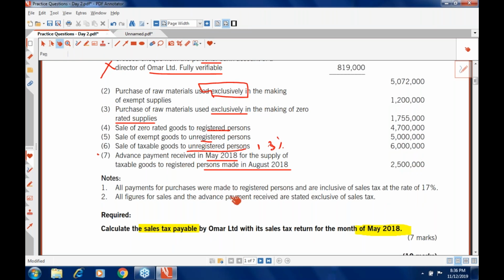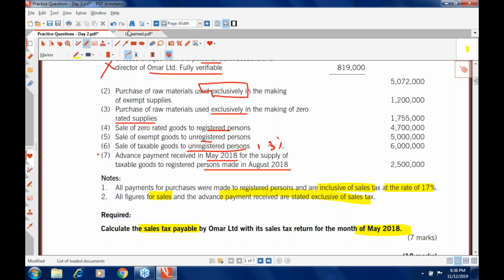Next, it says all payments for purchases were made to registered persons and are inclusive of sales tax at the rate of 17%. All figures for sales and advance payment are stated exclusive of sales tax. So you have got a few inclusive values and a few exclusive values.